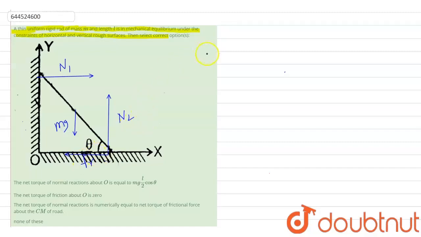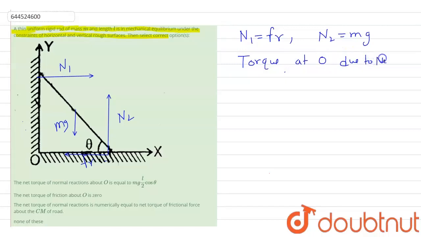Now what we have to calculate is the torque around O. Since the system is in mechanical equilibrium, the horizontal forces will be equal, so N1 will be equal to Fr and N2 will be equal to mg. Now we have to calculate the torque at O due to the normals.